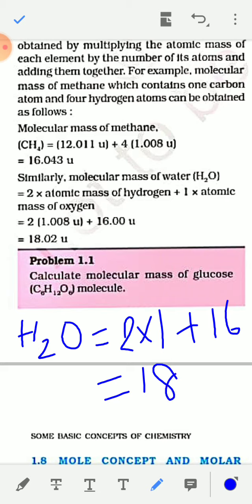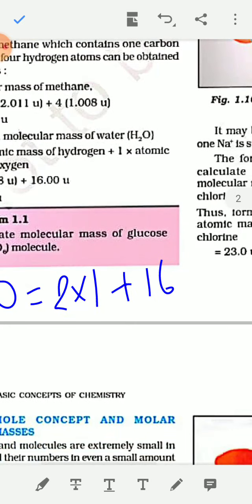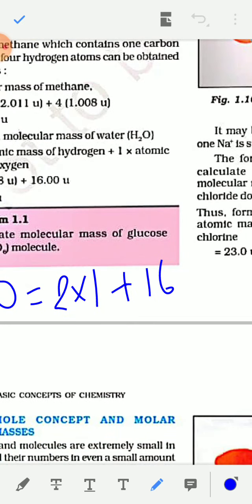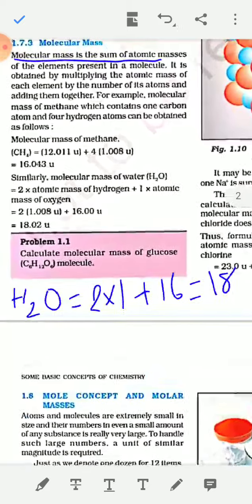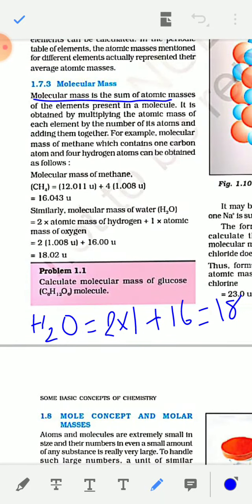As water is a molecule, 18 AMU is the molecular mass of water. So you can calculate the molecular mass of different molecules by summing the atomic masses of the elements present in the molecule.